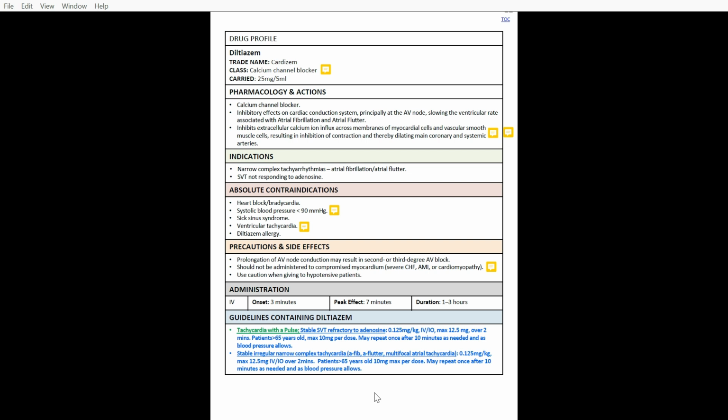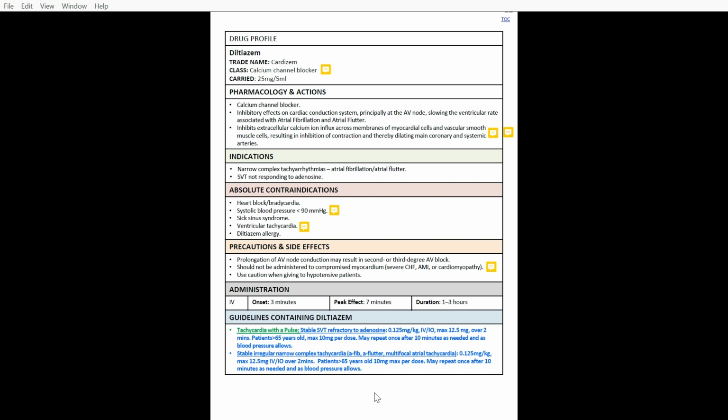And what calcium channel blockers do is they prolong the period of repolarization. So the time that it takes the heart to basically get to its resting state, it prolongs this. So it slows down all these rapidly firing impulses, and it therefore slows down the ventricle rate. So it will slow down the heart rate in that effect.